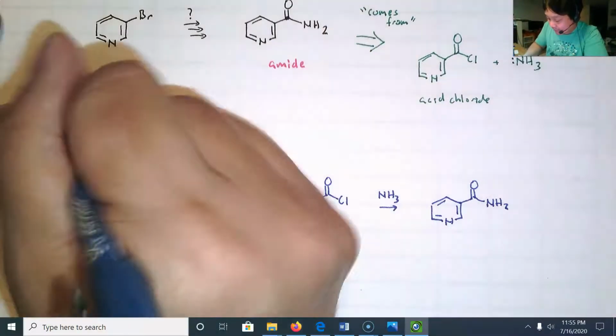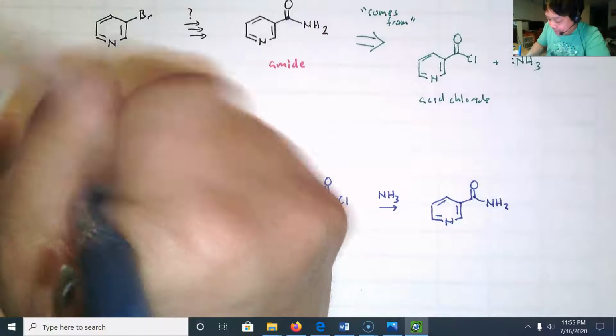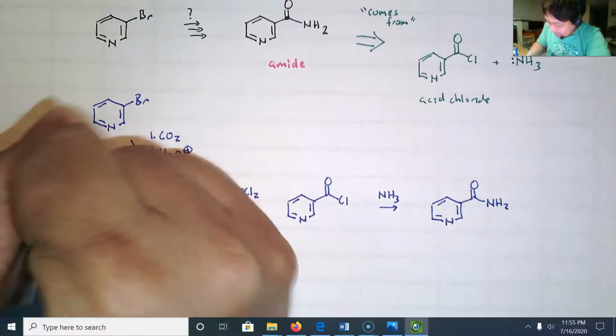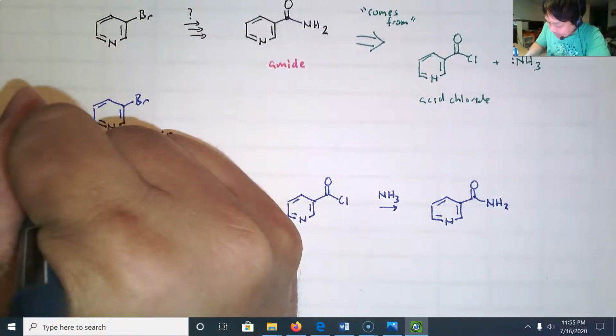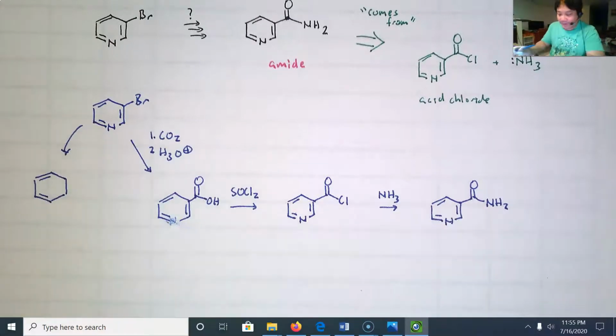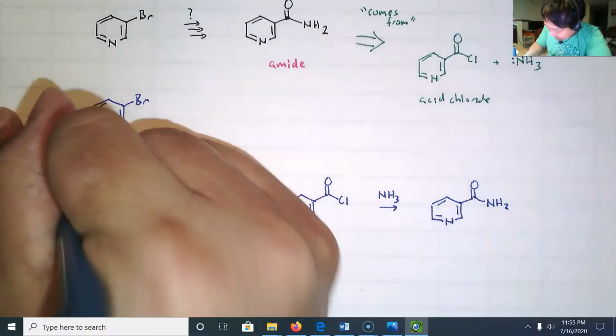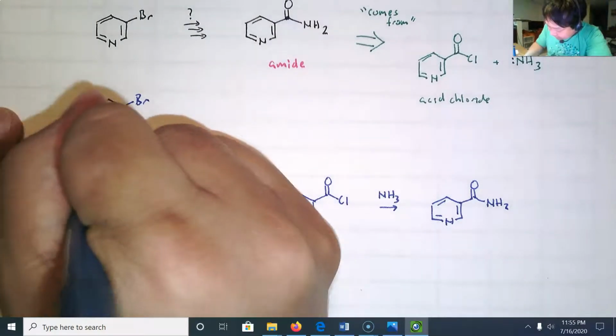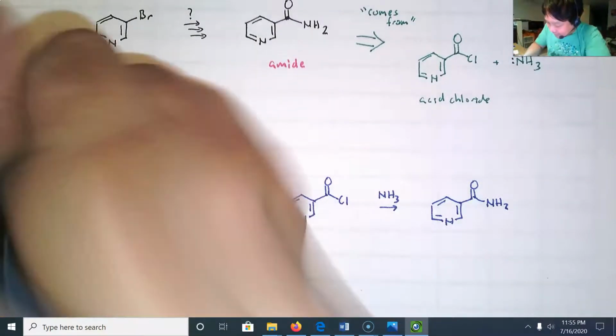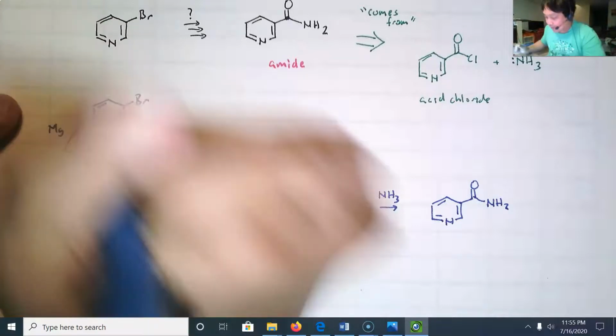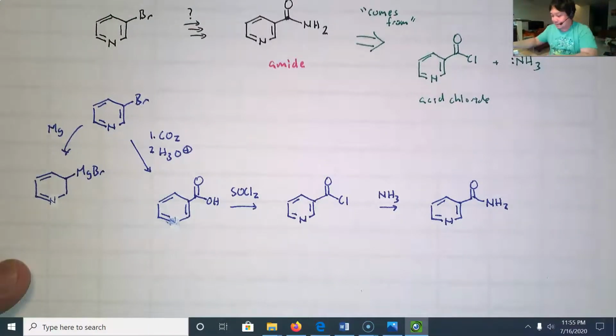Okay, so this kind of got screwed up. Let's do this. The best way to make a carbon-carbon bond, and I keep forgetting this nitrogen, is through an organometallic. It looks a little bit messy.